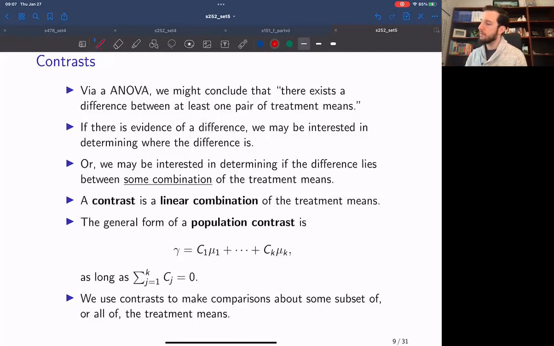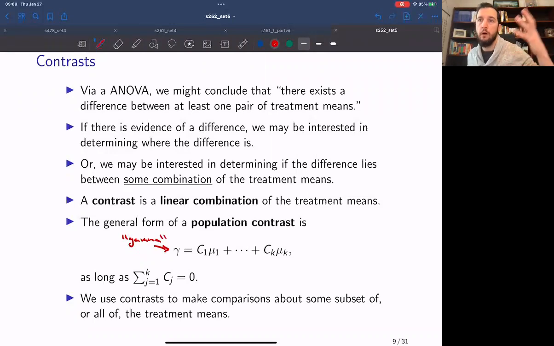All right, now a contrast is a linear combination of the treatment means. So the general contrast, or the population contrast, which we designate as gamma. Okay, so this symbol here is gamma. This has the same representation as mu.